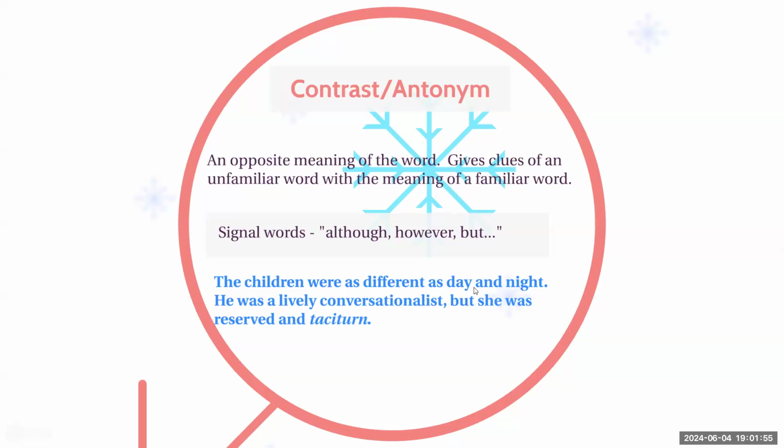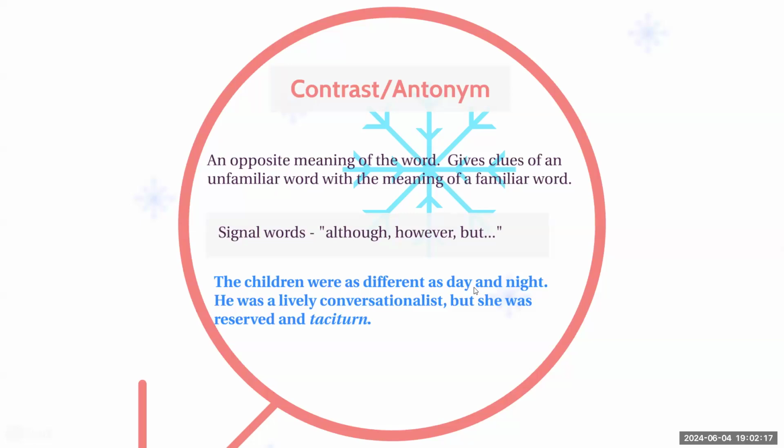But she was reserved and taciturn. Do we know what taciturn means? No. What do we know? What does the sentence tell us about the children? They're different.